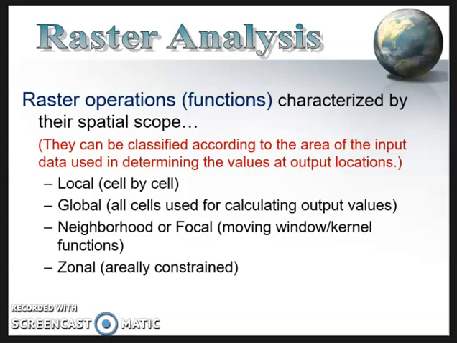They might convert meters to feet in a local operation. It also doesn't have to be simple addition. It can be a more complex mathematical function on a cell-by-cell basis. And it also doesn't have to be mathematical. It can be a logical operator like and or.